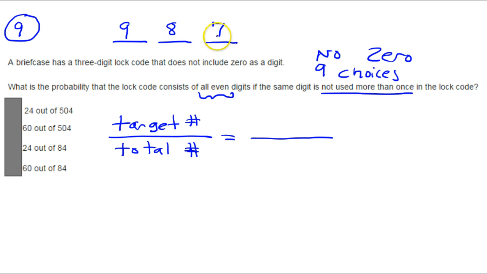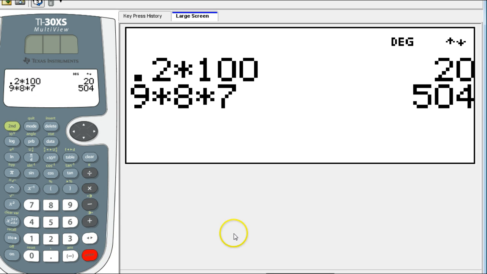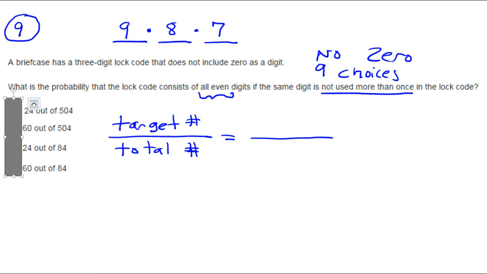So according to the fundamental counting principle, the total number of ways is 9 times 8 times 7. That's 504 possibilities. So that's the total number, 504.